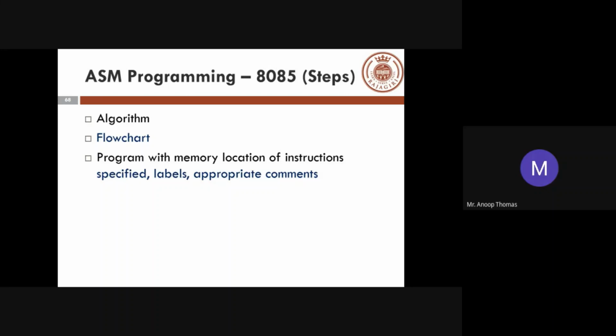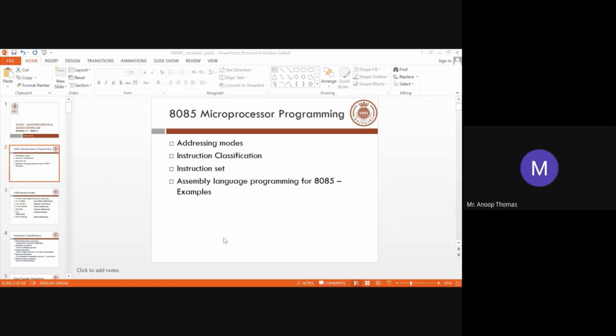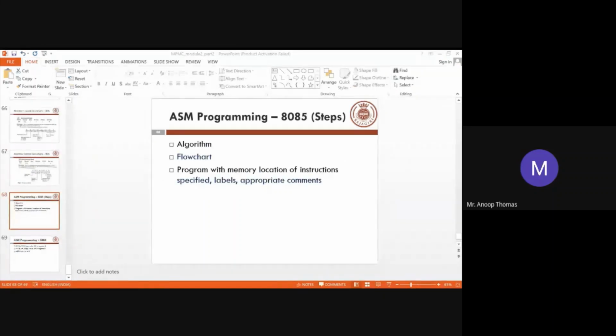So what I want you to do is, all of you can take the site called SIM 8085. If you can go to the site called SIM 8085. So I'll stop presenting.